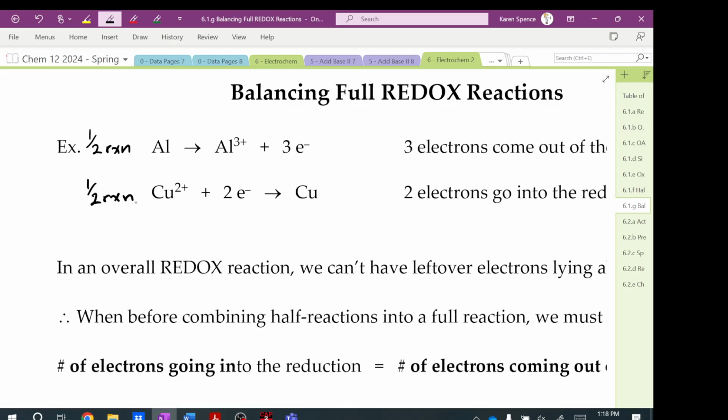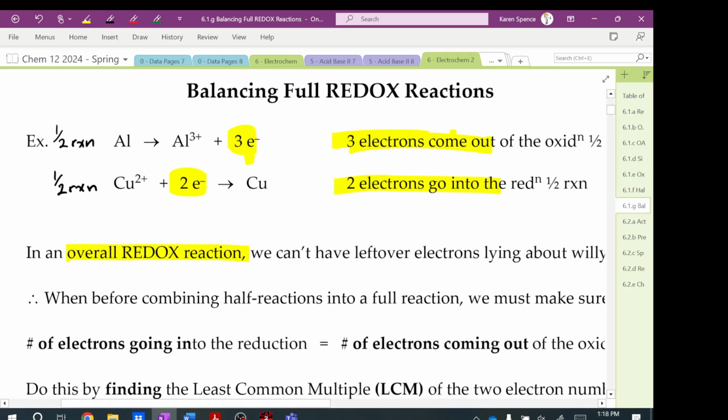However, we have to watch out because in this reaction, we have 3 electrons going out, and in this reaction, we only have 2 electrons that go in. And in an overall redox reaction, there are no leftover electrons. Do you remember I said no leftover electrons in redox?